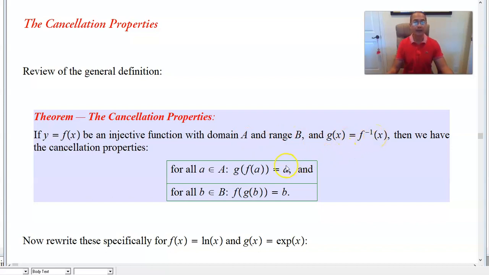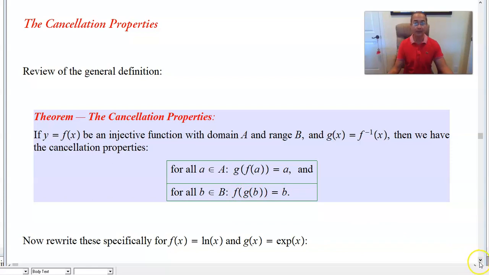Then we have the following cancellation properties. For any a in the domain of f of x, g evaluated at f of a takes you back to a. On the other hand, for all b's in the range of f of x, which is the domain of g of x, f evaluated at g of b takes you back to b.